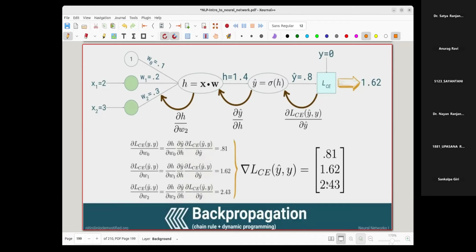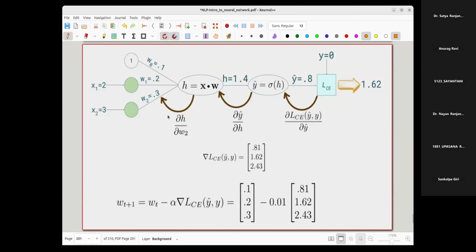New W0 will become old W0, that is 0.1, minus alpha, which is 0.1, into 0.81. You get the new W0. Similarly you get new W1 and W2. Okay. So this is the update.